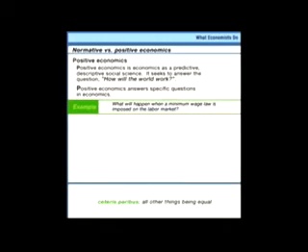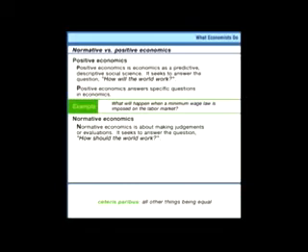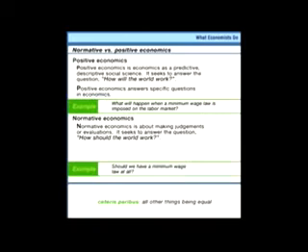On the other hand, normative economics is about making judgments or evaluations. Normative economics answers the question, how should the world work? What is a good outcome? Normative economics answers the question, should we have a minimum wage law at all? Or is there a better way to provide for low-income workers, perhaps an earned income tax credit or some other policy?